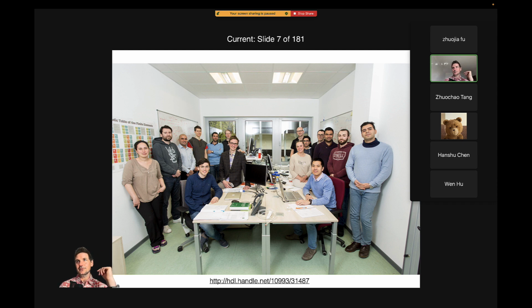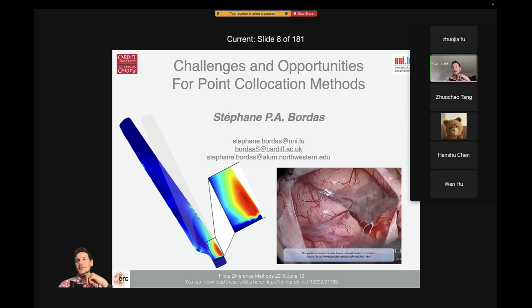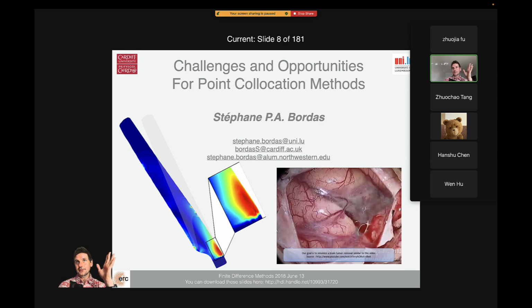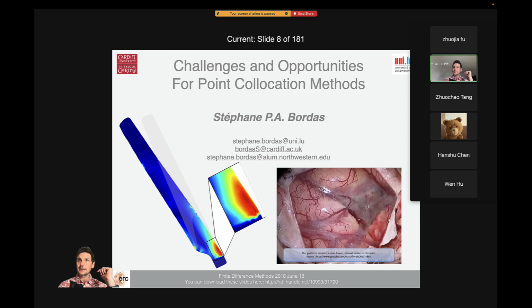So you see people from everywhere. Okay, so this is why Luxembourg is so exciting. I would definitely encourage you to come. I mean, again, I extend my invitation to you.